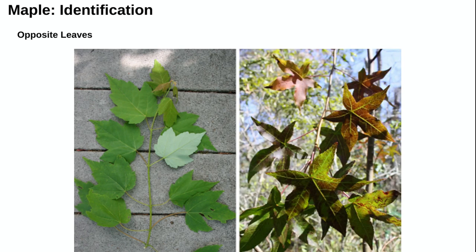And to show you a contrast, here's another tree species. In this case, this is sweet gum, which looks a whole heck of a lot like a maple. It has palm-shaped or palmate leaves, like many maples do. And then they have their petioles come out of the branch, but they're not in pairs opposite each other.